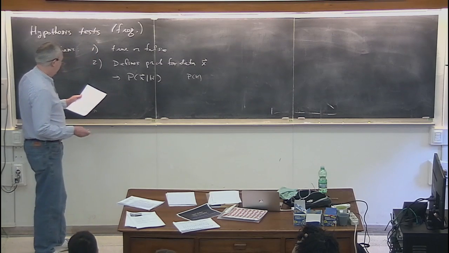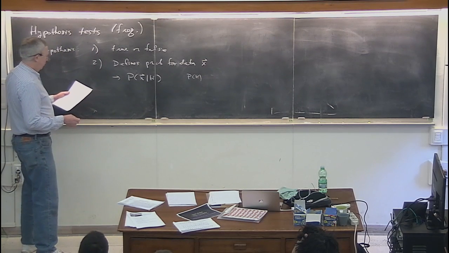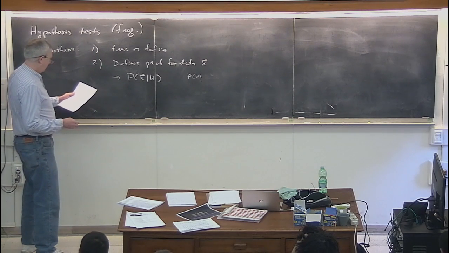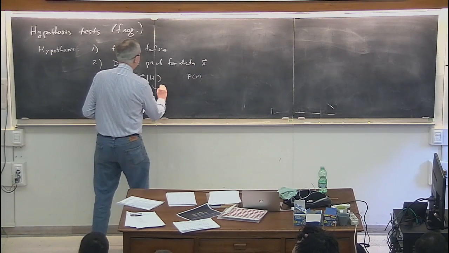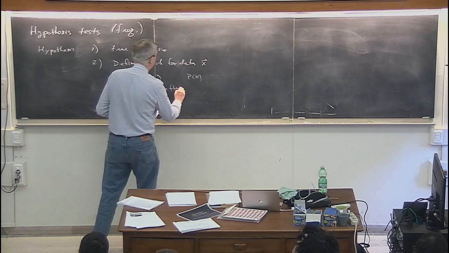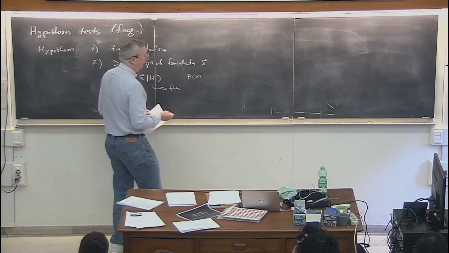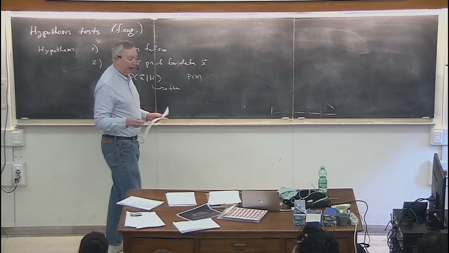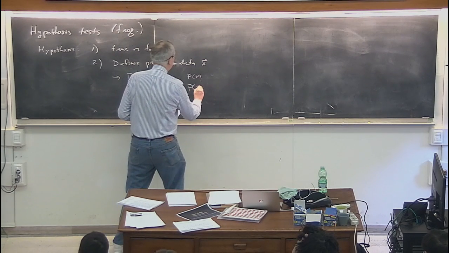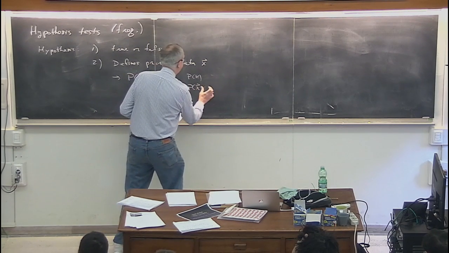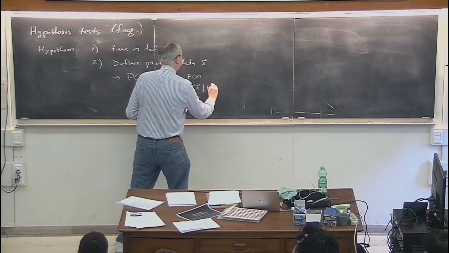Okay, so very often I should point out that this hypothesis will be characterized by some set of parameters, and so I could write, for example, p of x given theta.